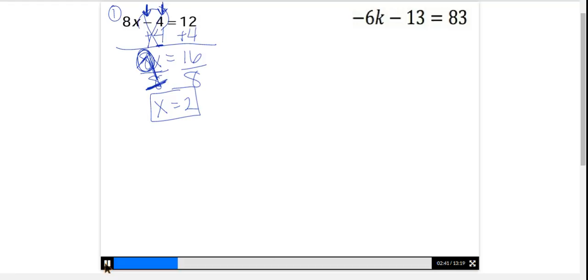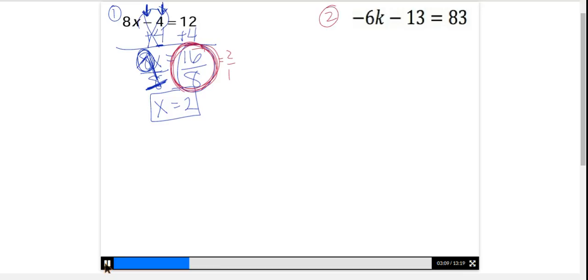You can also see right here, this kind of looks like a fraction, 16 over 8, and if I simplify it, I get 2 over 1, which is 2. So I can think about this division problem kind of as a fraction, or this fraction kind of as a division problem.